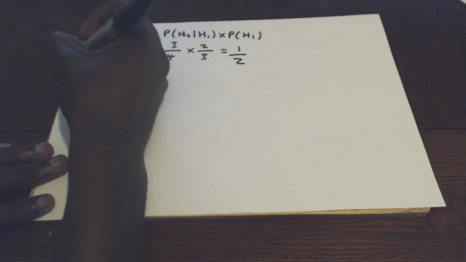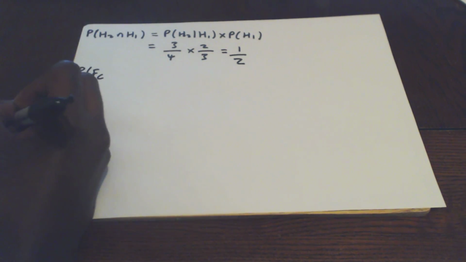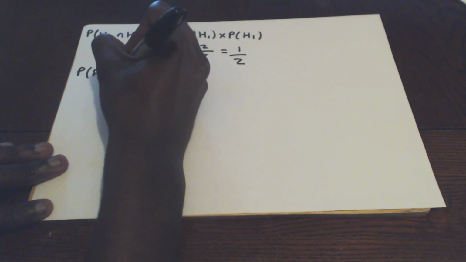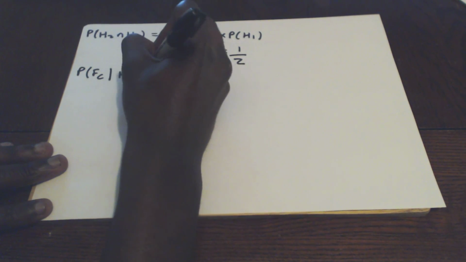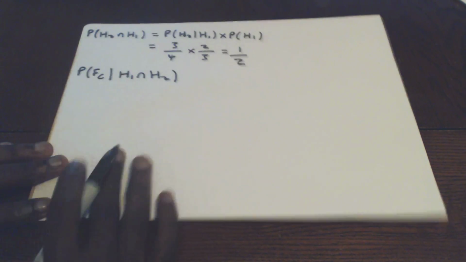So we want the probability that it's the unfair coin, i.e. FC, given that both tosses, i.e. this, showed heads.